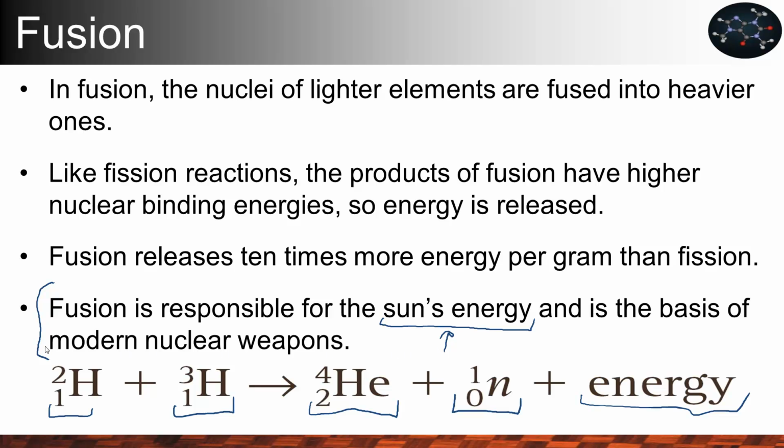Modern nuclear weapons also are based off of fusion type reactions. It's not the most efficient thing in the universe, but it gives the most amount of energy released per amount of material. So because of that, we can get much bigger explosions and kill far larger numbers of people, right? Like any good weapon is designed to do.